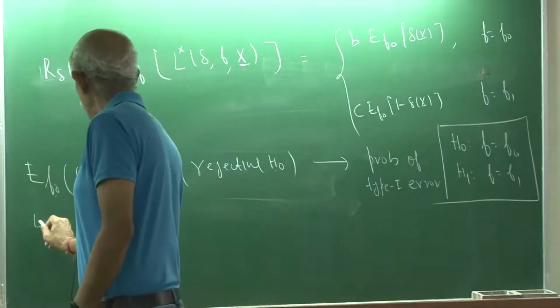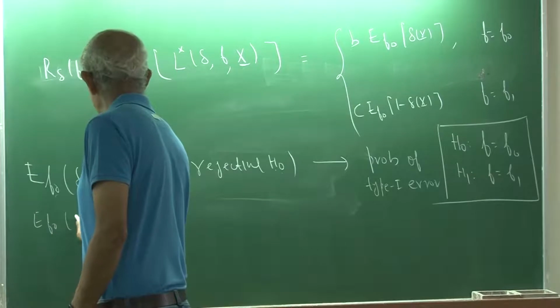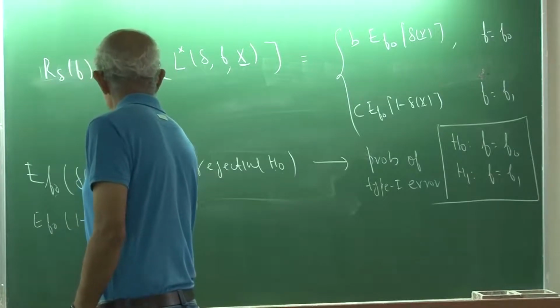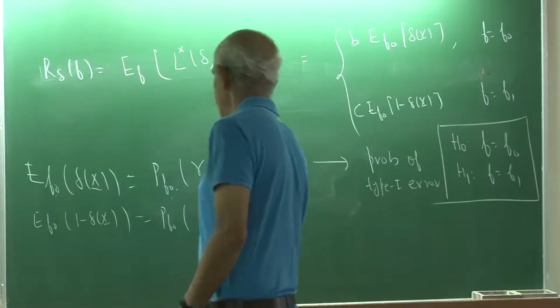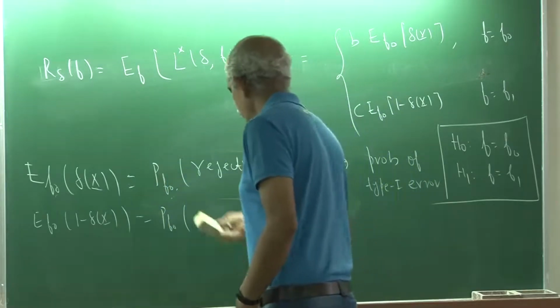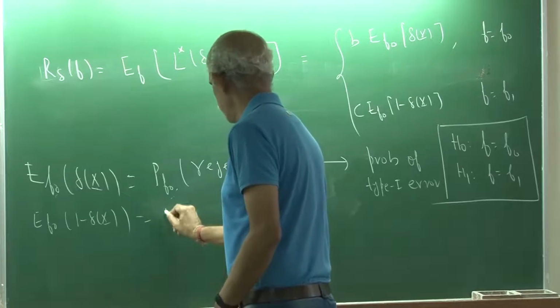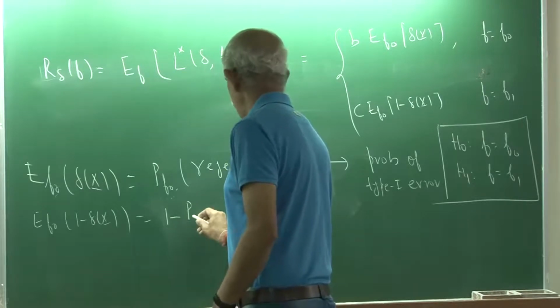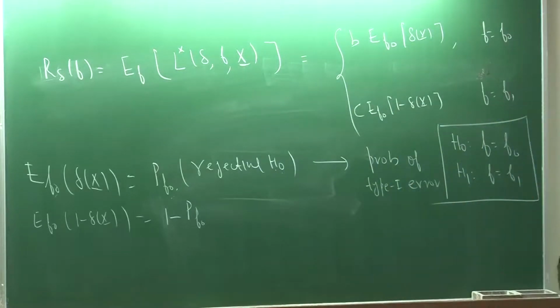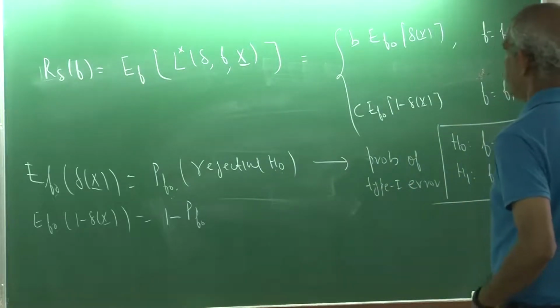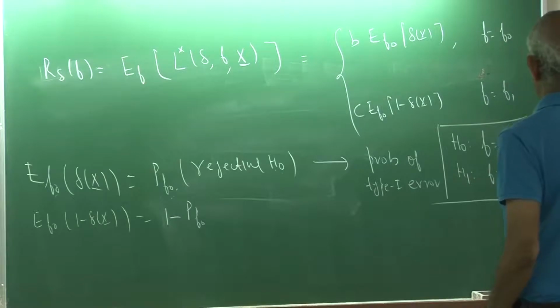And what is E f0 of 1 minus delta x? Sorry, this would be f1.